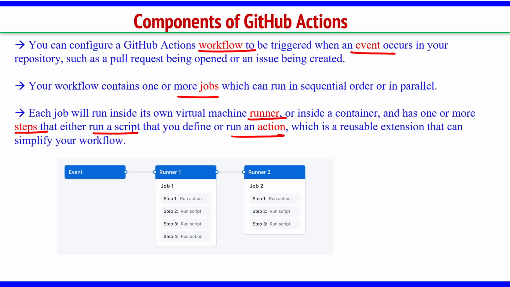Jenkins is a separate server, whereas GitHub Actions is hosted in GitHub itself. GitHub Actions is one strategy which is there in the GitHub platform itself. So GitHub Actions can replace Jenkins, or Jenkins can be replaced by GitHub Actions. Both can be used. Only thing, Jenkins is very popular because it supports a lot of additional plugins. So this is about GitHub Actions.